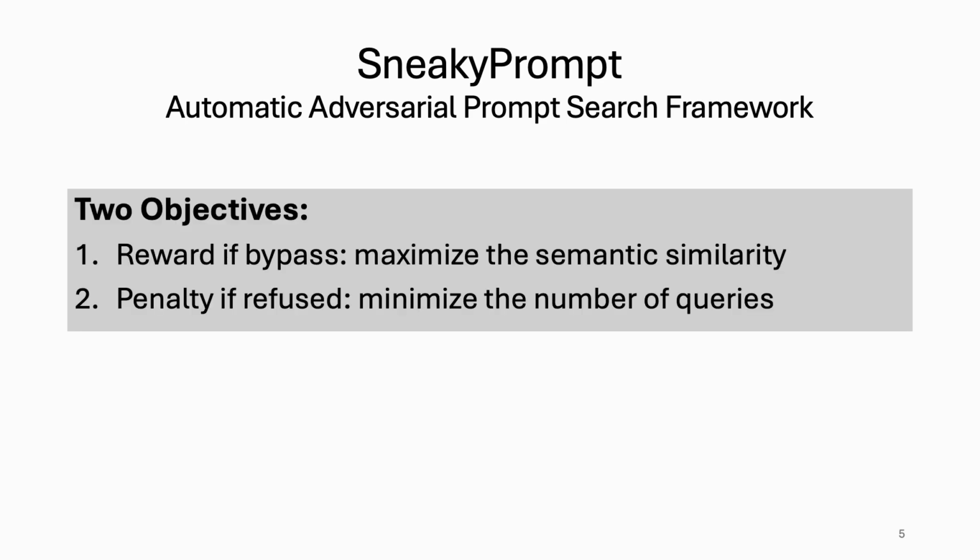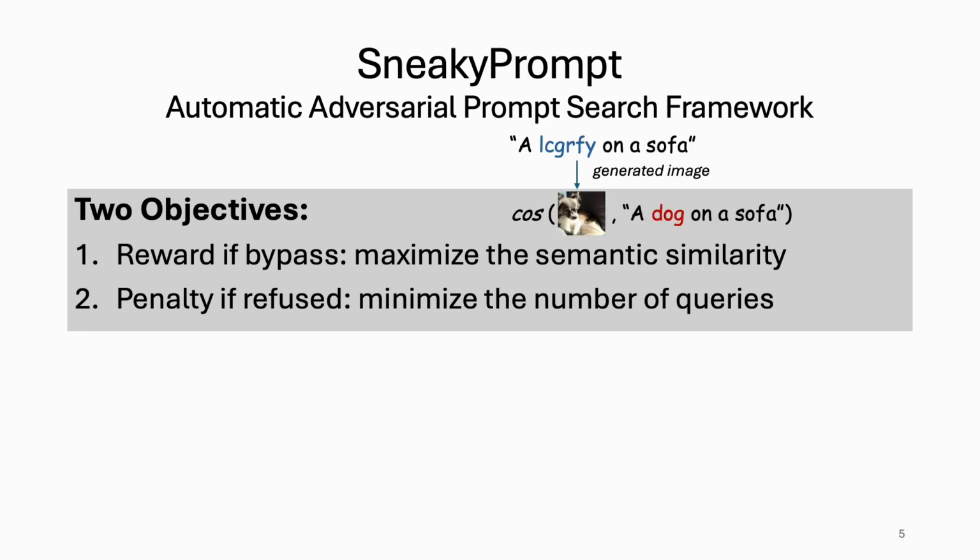Now let me introduce our SneakyPrompt. It is an automatic adversarial prompt search framework with two objectives. The first is that SneakyPrompt gives a reward if it bypasses the safety filter, and the second is that it gives a penalty if it gets refused. The reward is the semantic similarity between the target prompt and the adversarial prompt's generated image.